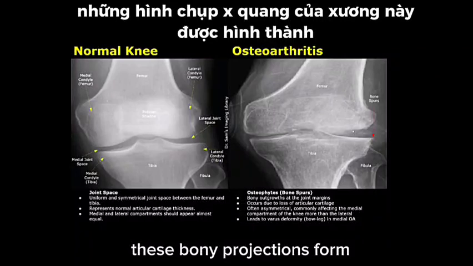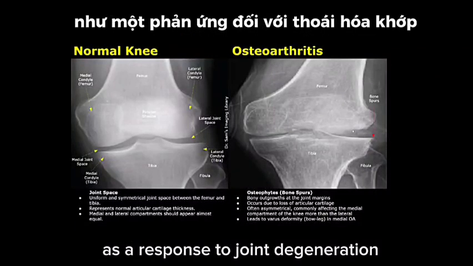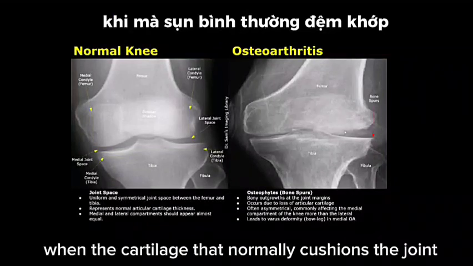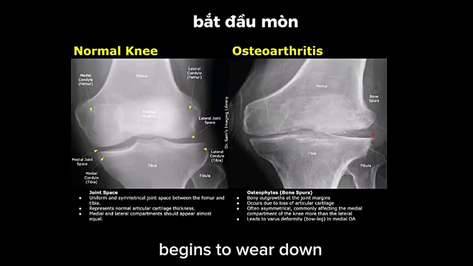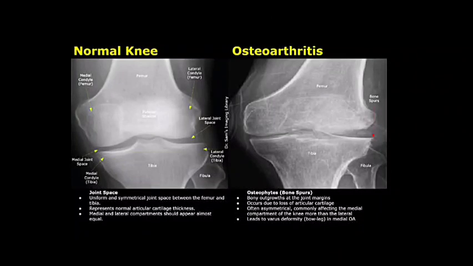These bony projections form as a response to joint degeneration, particularly when the cartilage that normally cushions the joint begins to wear down.